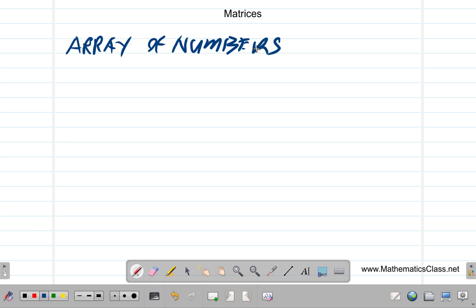But let's see how we can build a matrix before we go into detail about what a matrix is. Now, this array of numbers is enclosed in brackets. It can be curly bracket, it can be bracket looking like that.